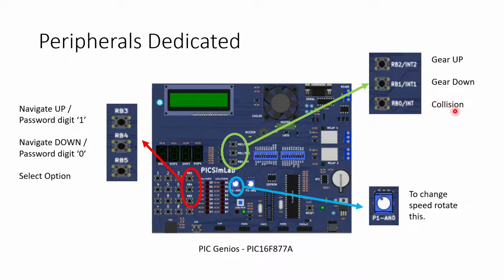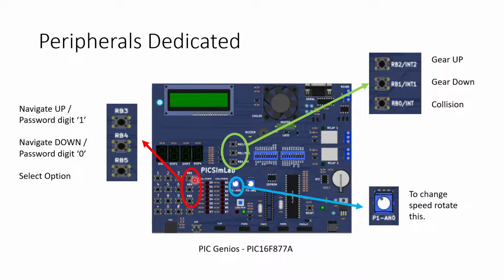RB0 is for collision. If we press this button, the black box will consider it a collision. RB1 is for downing the gear, or changing the gear to a lower state, and RB2 is for up the gear, or to increase the gear.